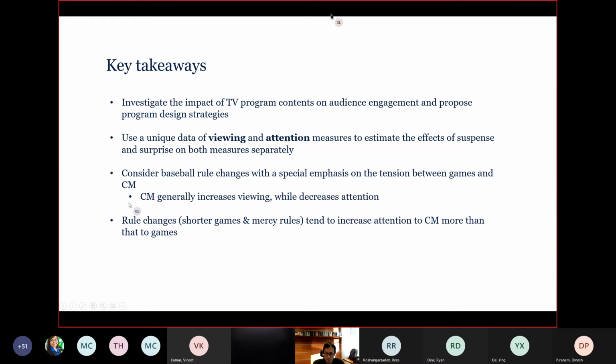And in terms of rule changes, we find the impact of spillovers. The rule changes, shortening the game and the mercy rule, both tended to increase attention to commercials much more than the impact on games. So the rule changes to the game have larger implications for commercials. That's the spillover effect we identified.